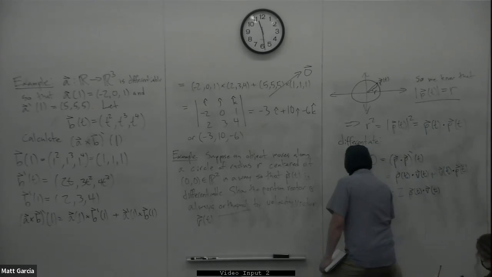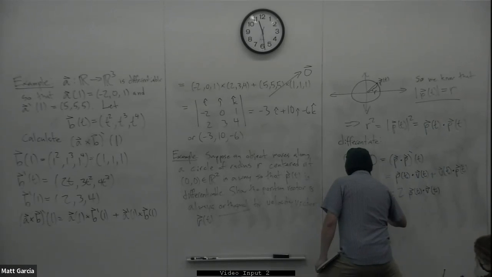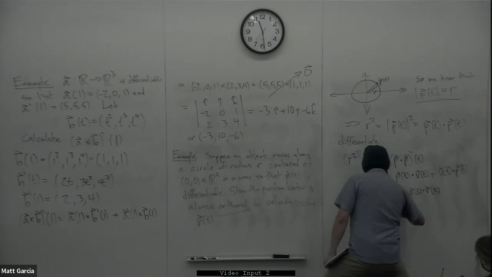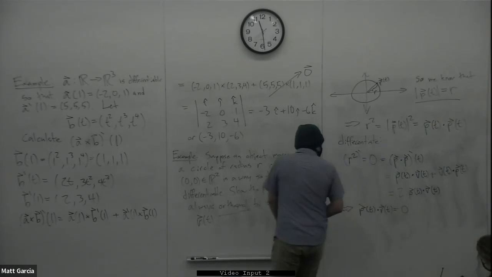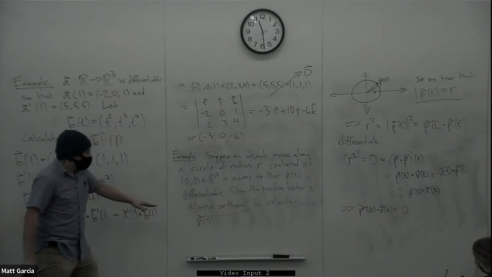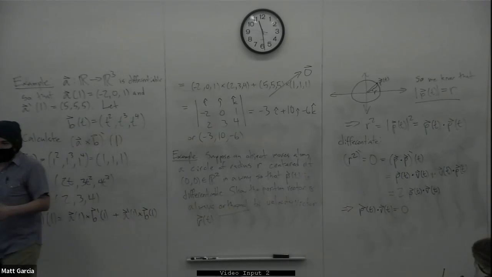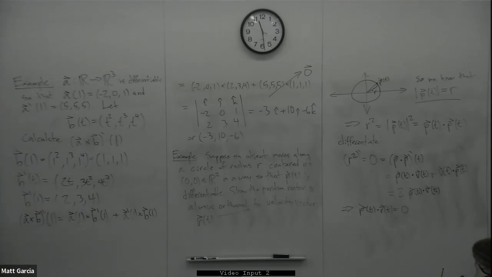Or in other words, p hat of t dot v hat of t is equal to 0. Which is just what we wanted to show. That the position is always orthogonal to the velocity if our object moves in a circular path in a differentiable manner.